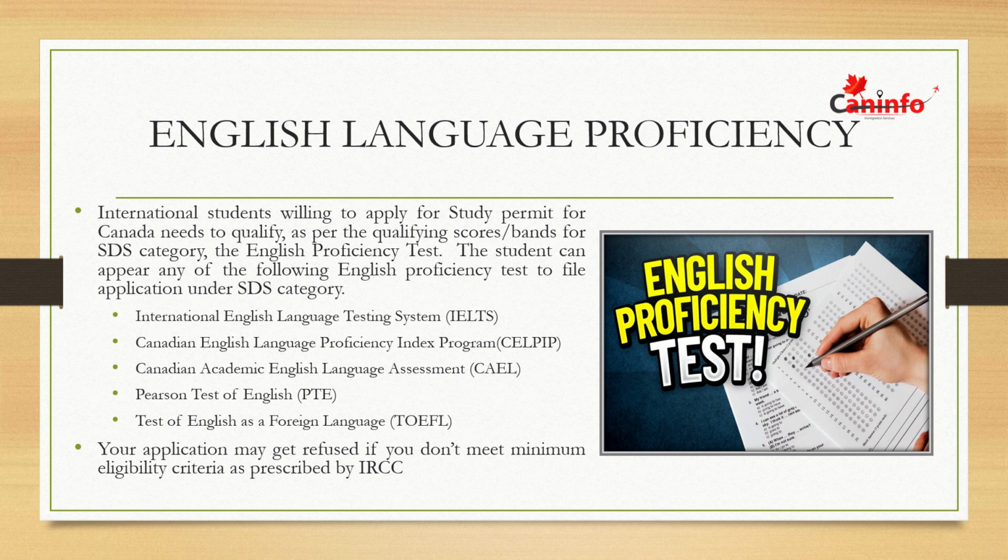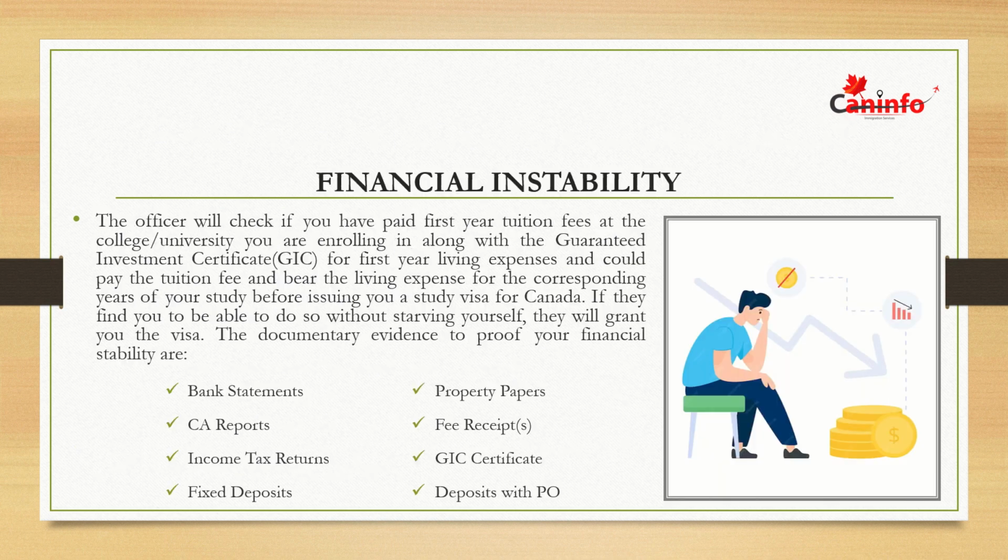You can appear for any one of these specified English language proficiency tests, and you must score the marks as prescribed by the IRCC. If you have a grade, score, or bands lower than the prescribed criteria of IRCC, then there are chances that your visa may get refused.